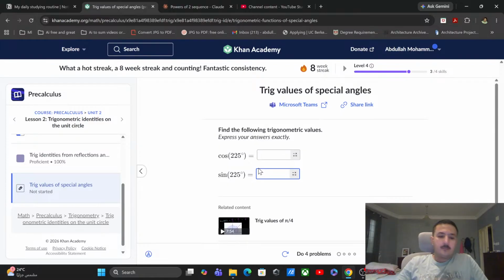Wait. 260 minus 90. 170. That's not 270. That's 180 plus 45 degrees. But he wants the cosine of it. How am I going to find the cosine of it? Using a calculator. Am I allowed to use a calculator here? How am I gonna use?